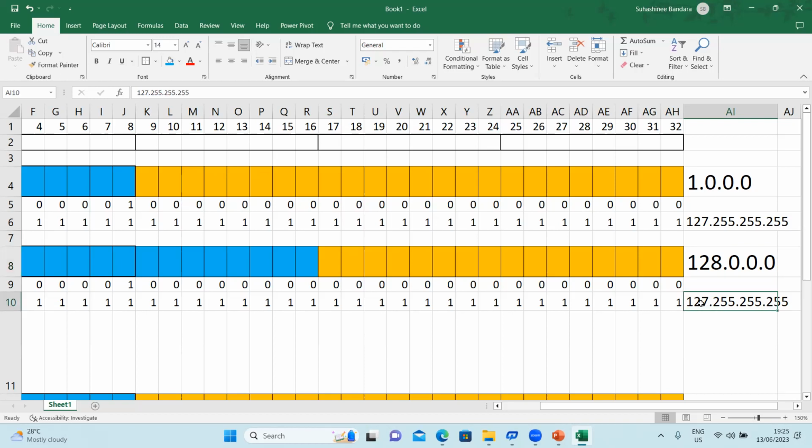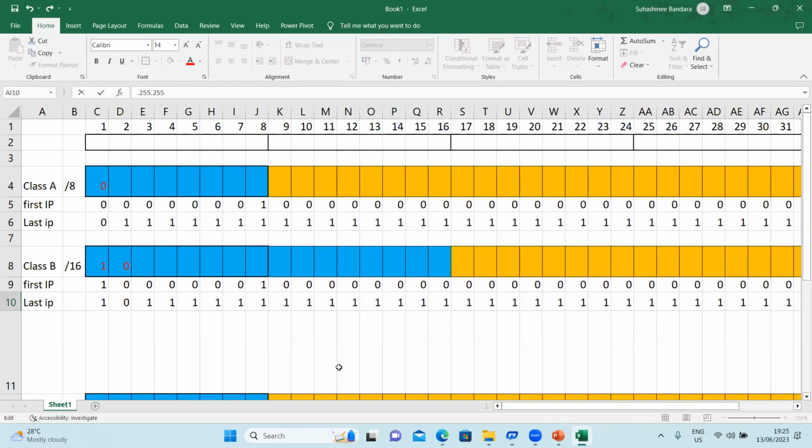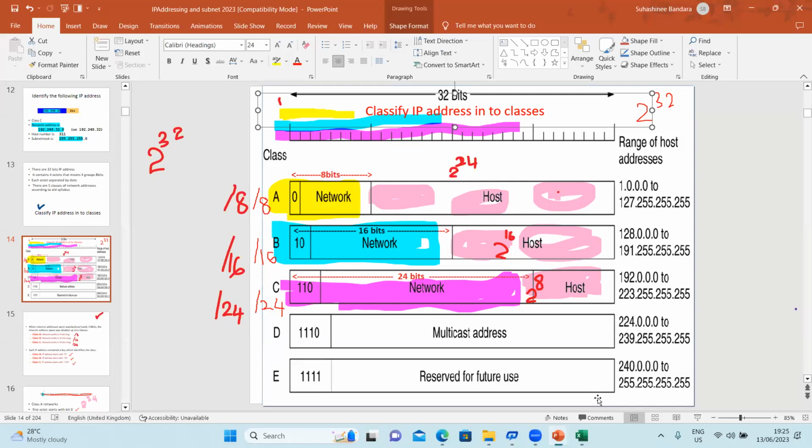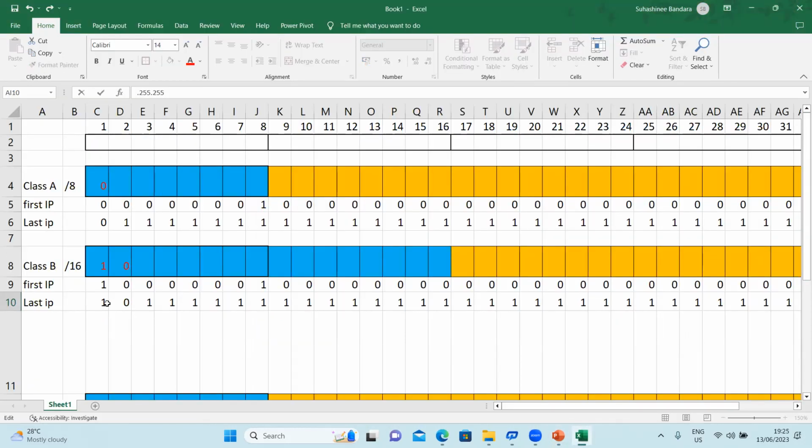Then what is the first and last one? The last part. 1, 0 is there. The last one is 191. Find whether you get the 191 here. For this one, what's the decimal value of this? Altogether 255, you know that.